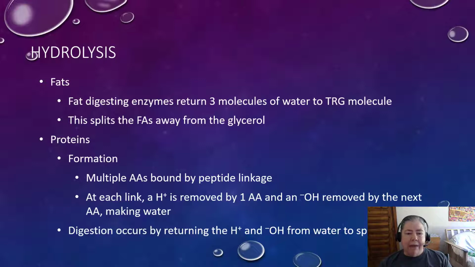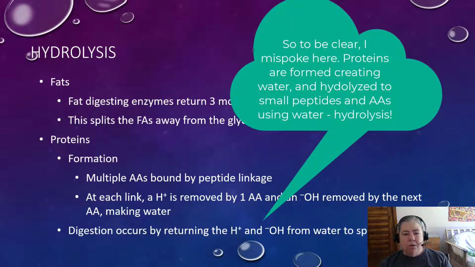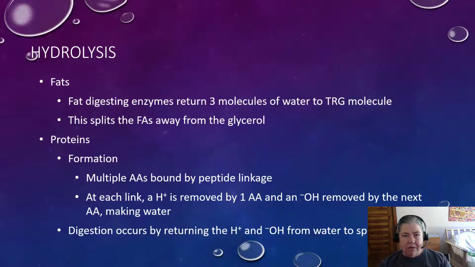Proteins are bound by something called a peptide linkage, and hydrolysis is also involved in breaking peptide linkages, returning small chains, peptides, into their components, individual amino acids. Sorry, that's how they're formed, releasing water. They are hydrolyzed, they are returned to amino acids by adding the hydrogen and hydroxyl ions to split them from each other.